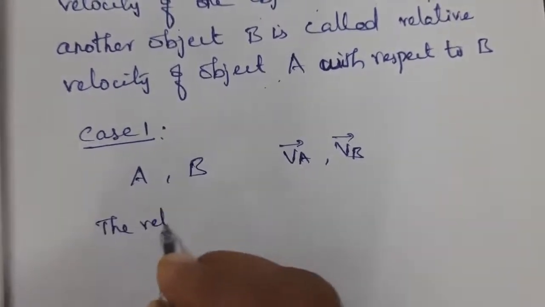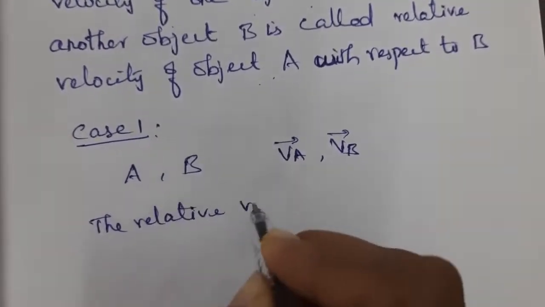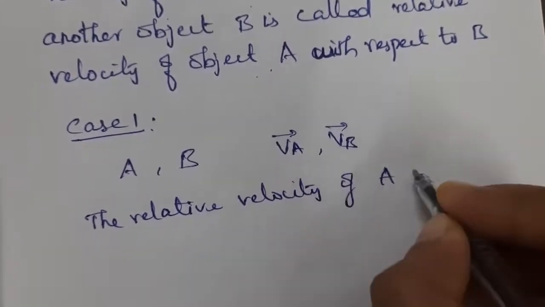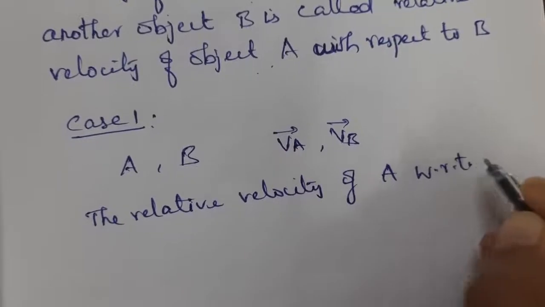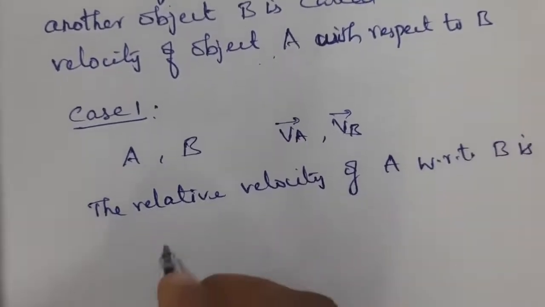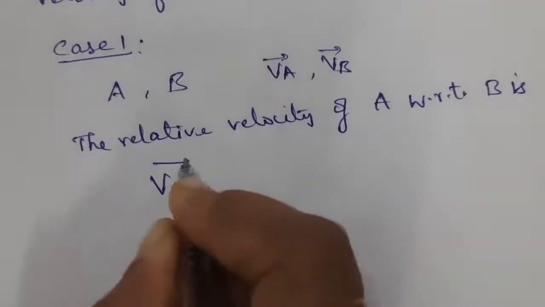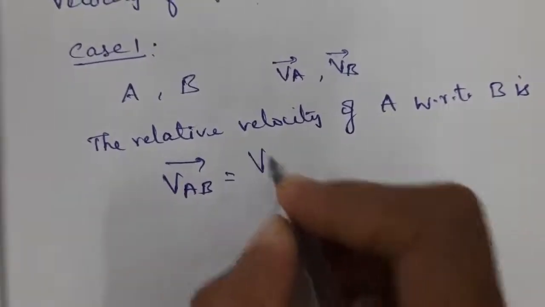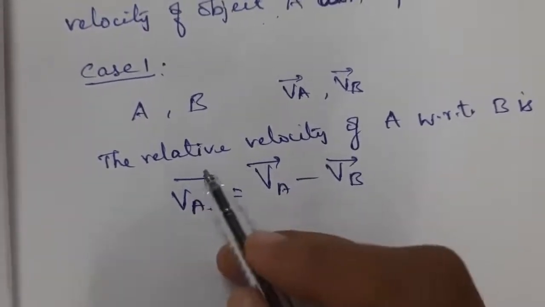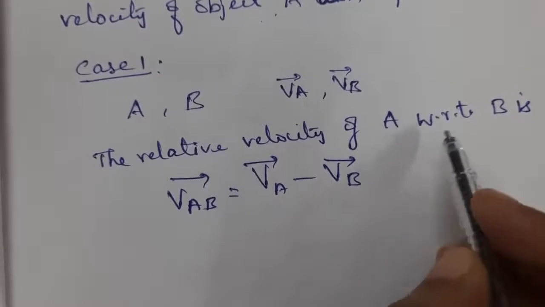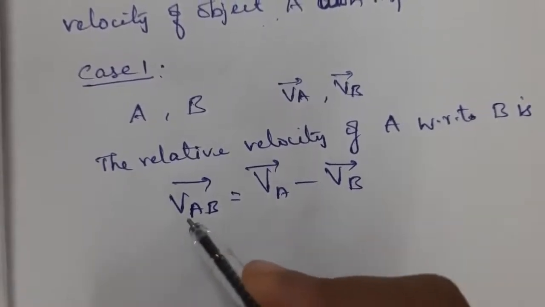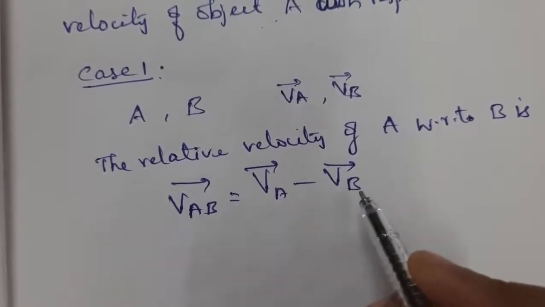The relative velocity of object A with respect to object B is VAB equal to VA minus VB.